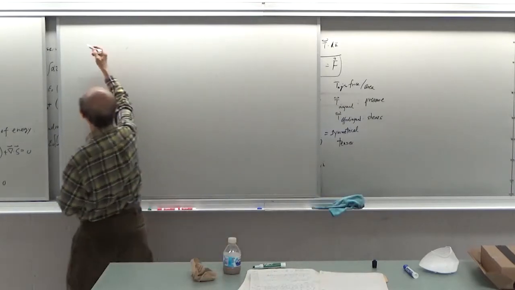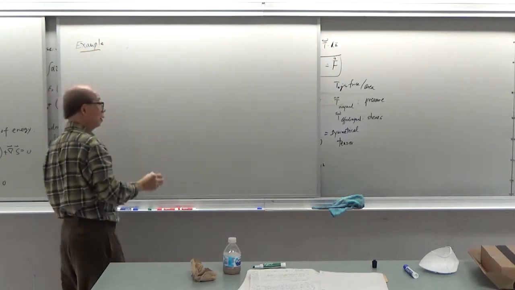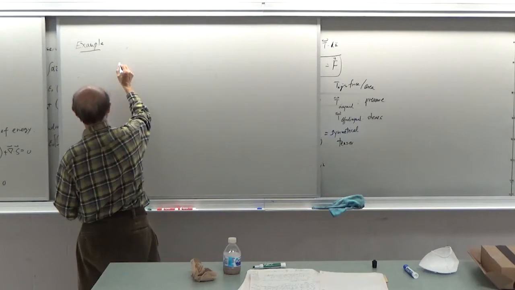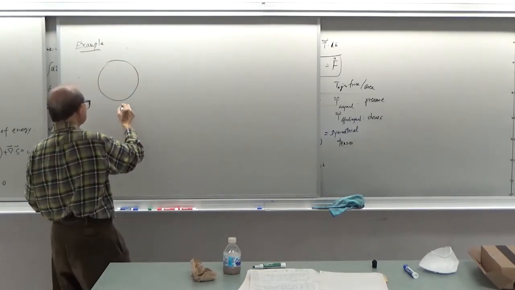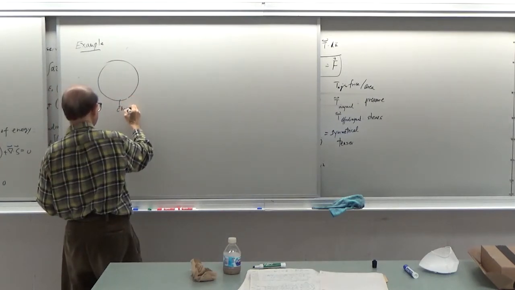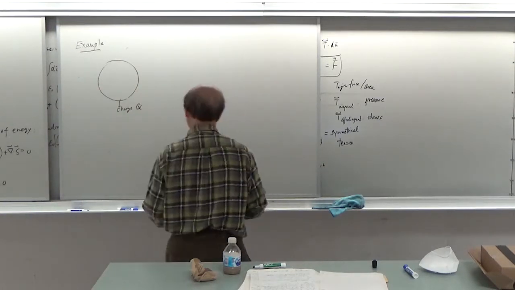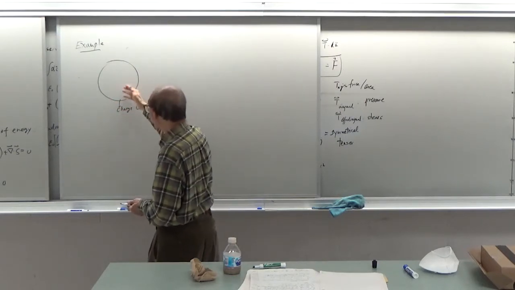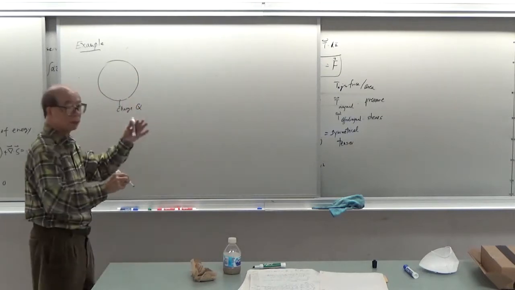Let's consider an example: a spherical crystal or something, a sphere, with charge Q, uniformly distributed. Let's divide this sphere into two hemispheres.